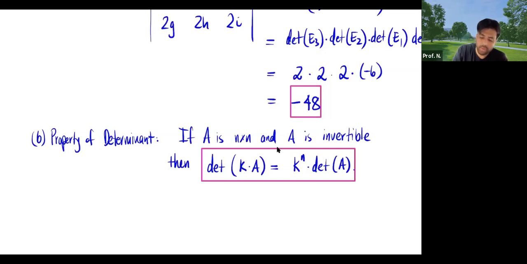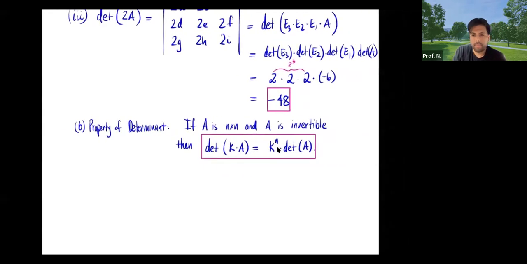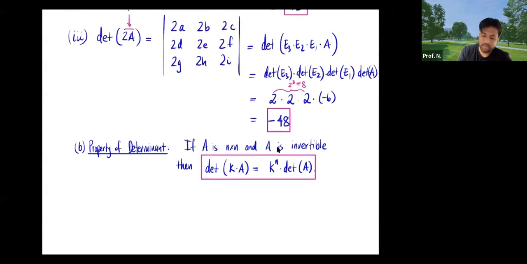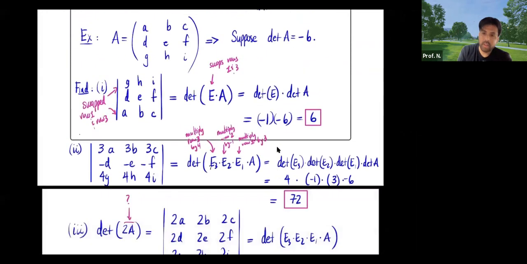So that's the general property here. So does that answer your question now? Great, great. So if this was a 3, for example, it would be 3 cubed. If this was a 10, it would be 10 cubed, and so on. But very good question. Okay.